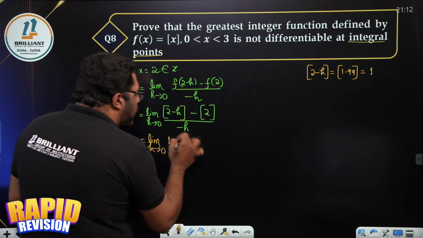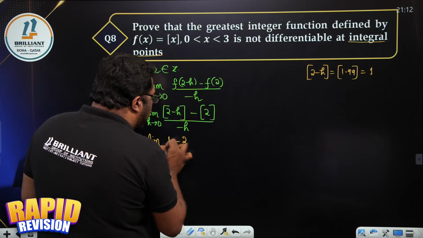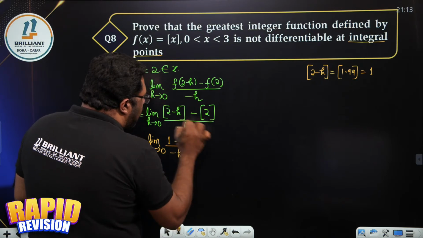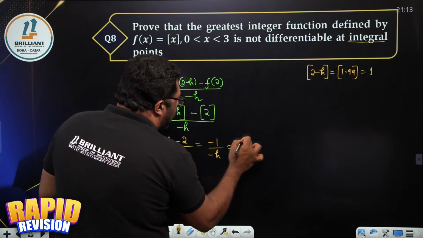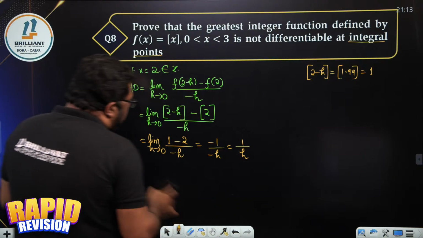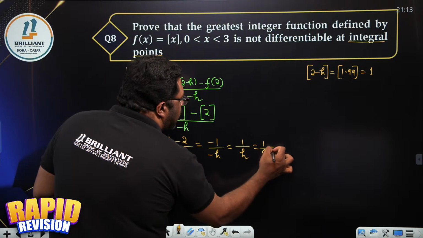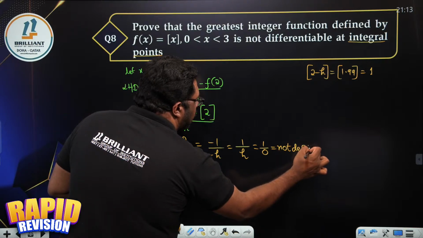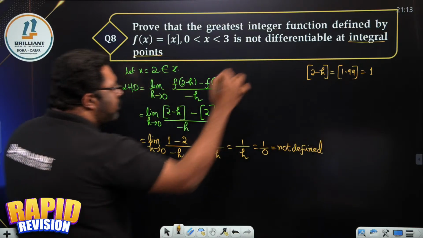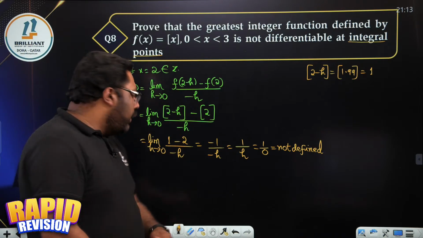And what's the greatest integer of 2? Which is 2. Right answer, Prapti and Dhruval. So the answer is minus 1 by minus h, which is 1 by h. But the limit says h is 0. 1 by 0 is not defined. So my left hand derivative is not defined.